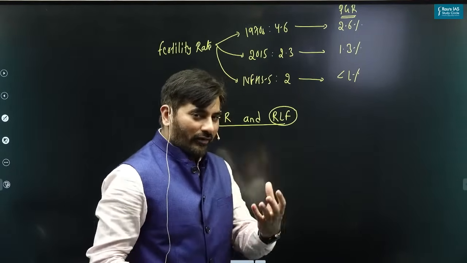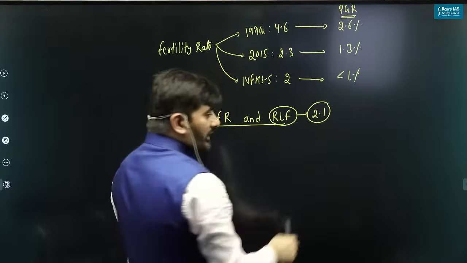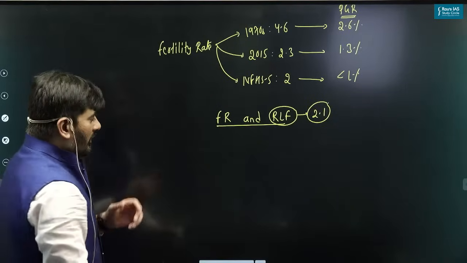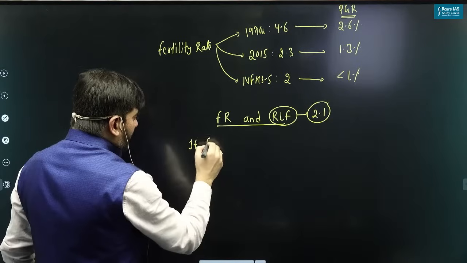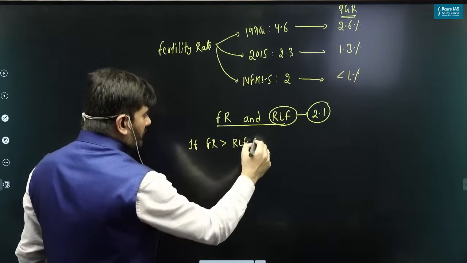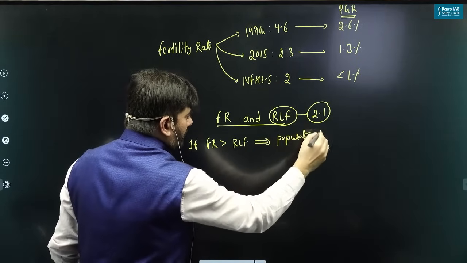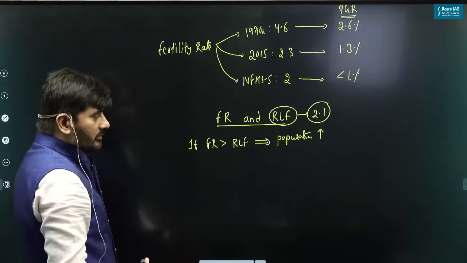How many children a woman give birth to? And that replacement level fertility is 2.1. Right? Think of it. If fertility rate is more than the replacement level fertility, can I say the population of a particular country will continue to increase?